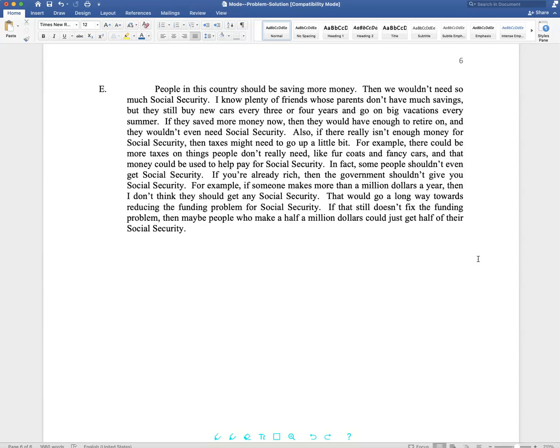If you don't do that, you end up with something like E, where you're just listing a bunch of proposals without any evidence to show that they would work or how they would be implemented or even really what they are. Another problem with E is it covers too much. It's got a ton of different solutions, and I think part of the reason is that in order to develop a paragraph, they had to have a bunch of different solutions because they didn't have any evidence or citations from sources to hone in and develop and explain any one particular solution.